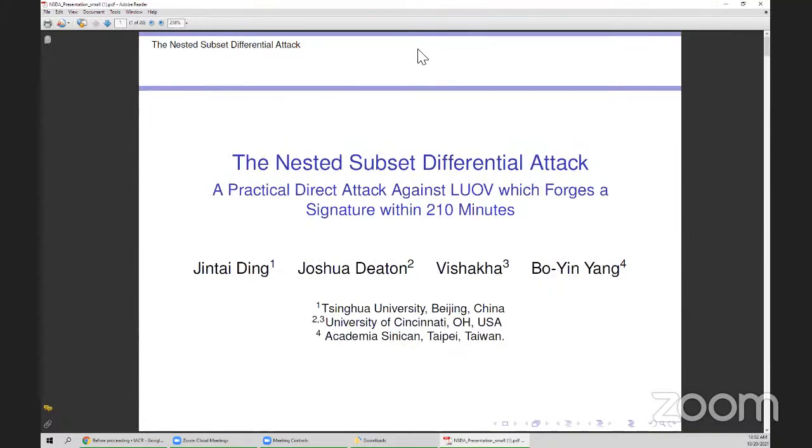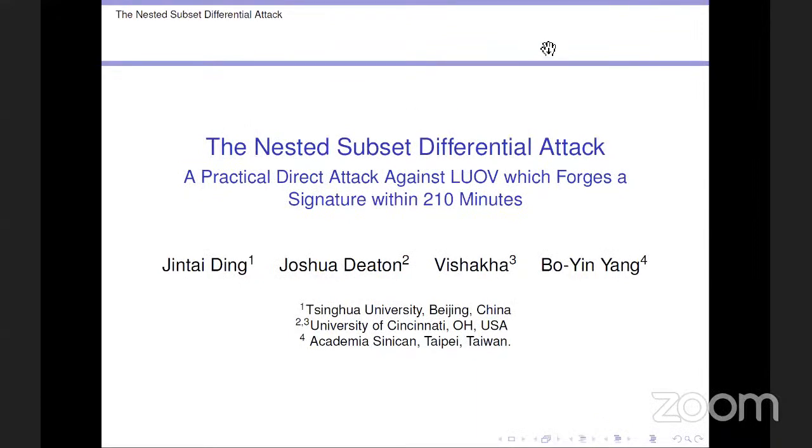I believe it's up at the top under view. Does that do it? Yes, that's correct. Okay, excellent.